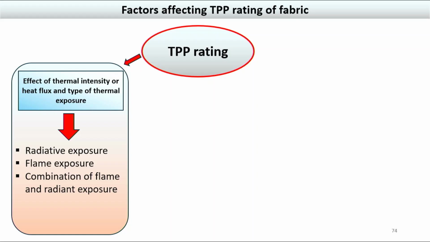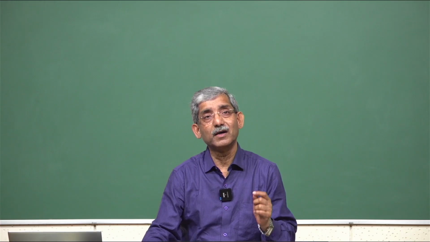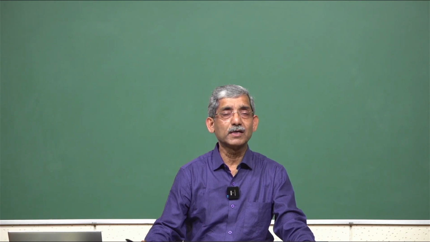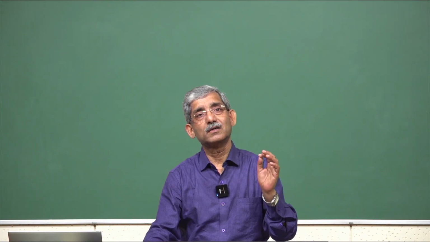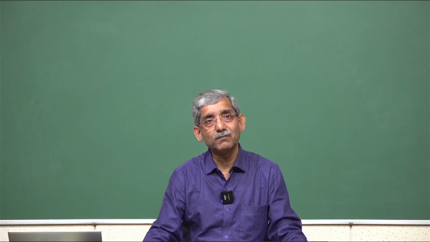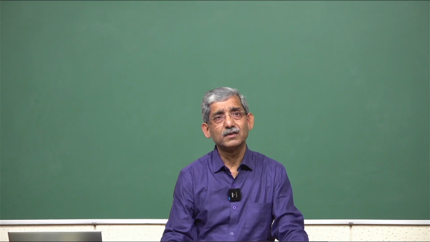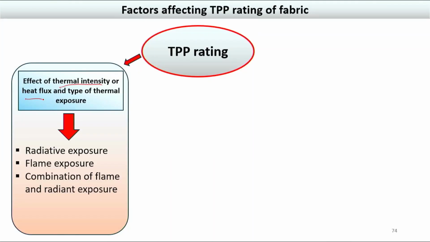So, for a standard test, they actually specify what type of exposure it is. If we follow a particular standard, that will clearly specify what is the intensity of the thermal source, the heat intensity, or what is the rate of heat flux, and the type of exposure.